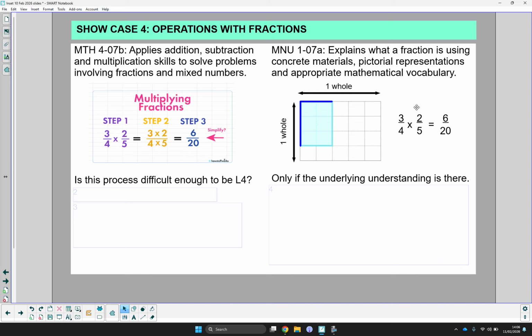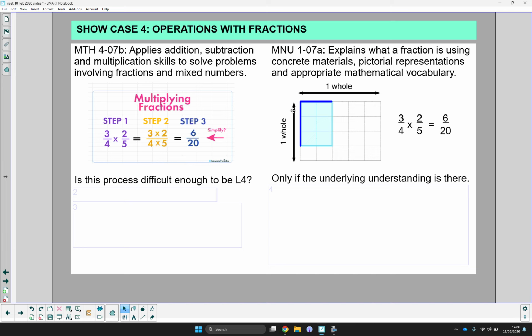And this idea of 3/4 times 2/5 is a rectangle that is 3/4 by 2/5. So there's a lot of thinking that has to go in here to draw this rectangle. The pupils need to realise that one side needs to be 4 long, one side needs to be 5 long, and that we're talking about one whole side by one whole side on the top and the left there.